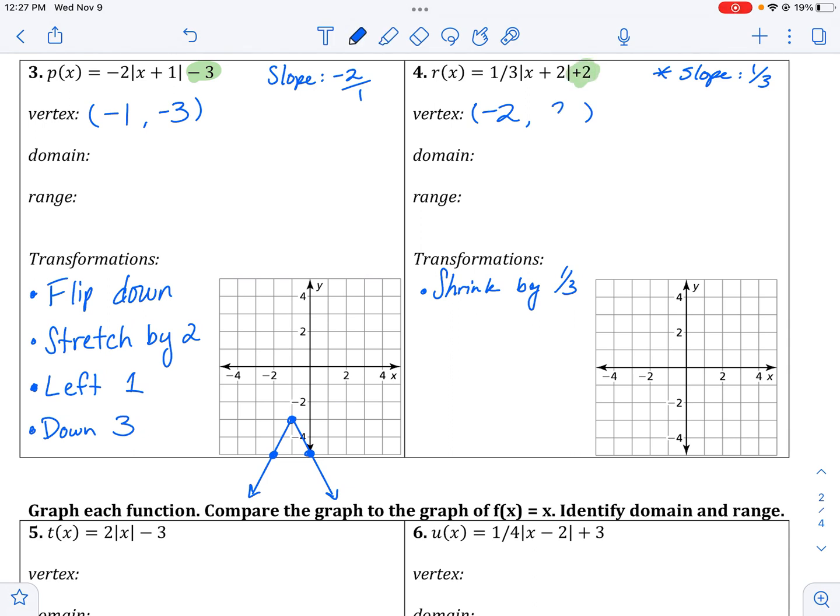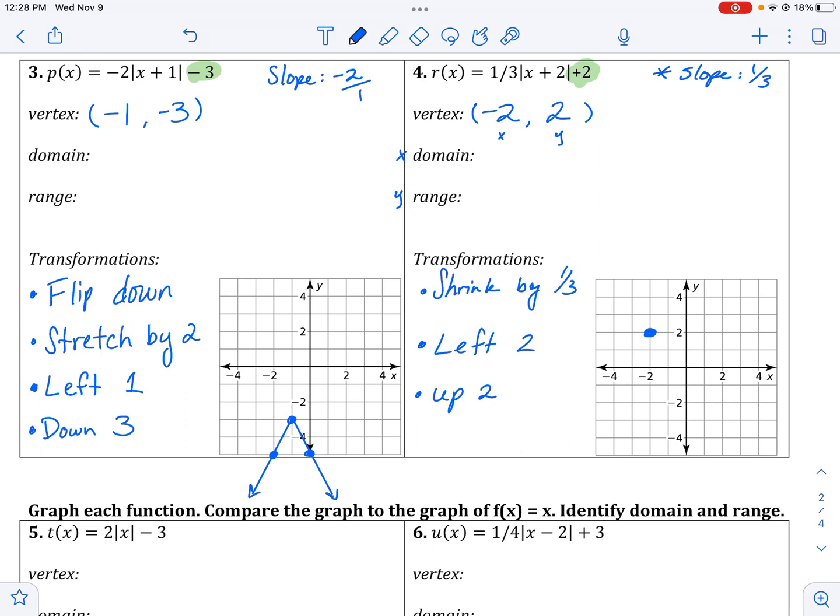But the number outside, you never change that one sign, so that is still a positive 2. Negative 2 for my x means I go left 2. Positive 2 for the y means that I go up 2. So I'll go left 2 and up 2. There's my vertex at negative 2, comma 2.